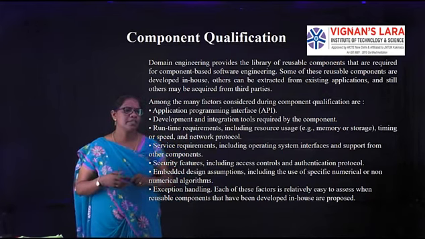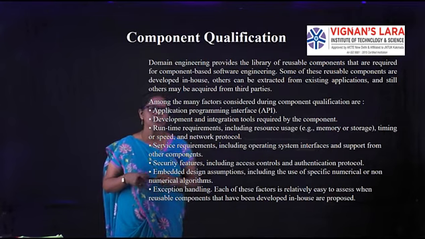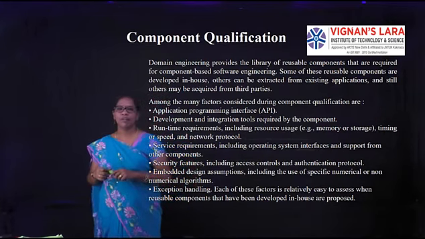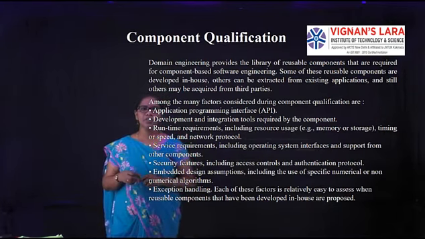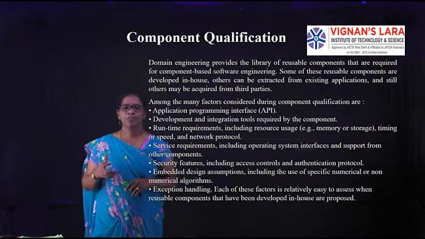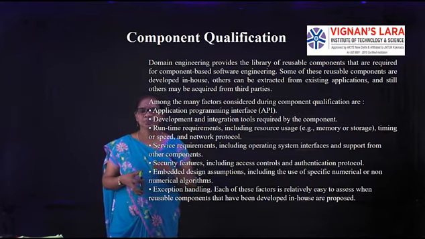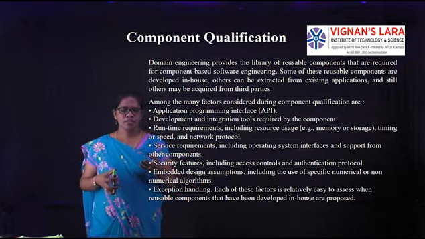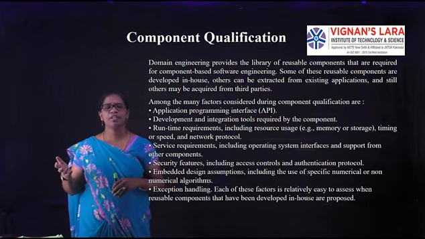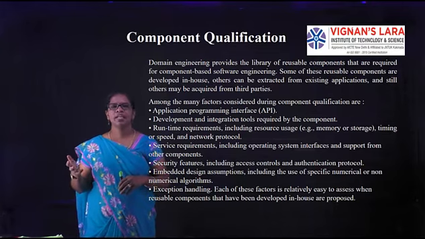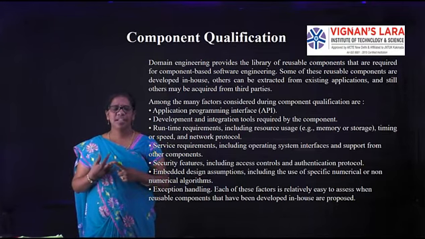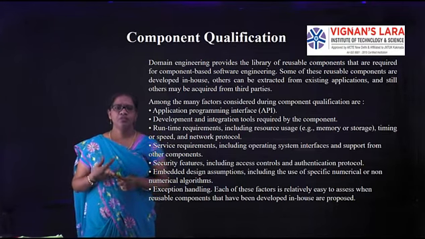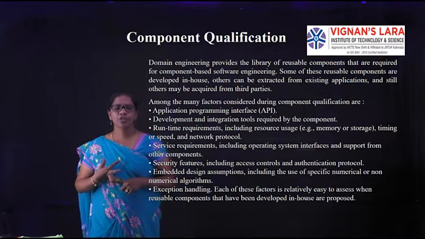The first one is the application programming interface, the API. What is the application programming interface? If it is Java, it has an application programming interface. If it is C, it doesn't have any application programming interface. It is a package which has a number of classes to implement.